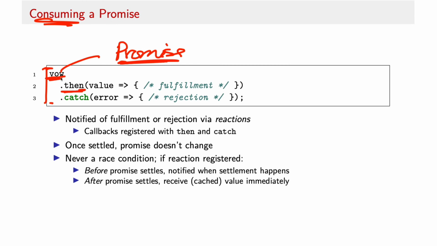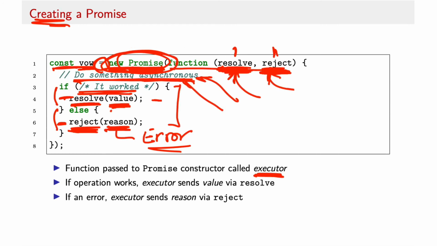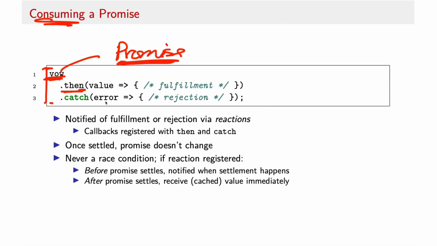If behind the scenes your promisification code calls resolve, the happy case, what happens is the then method will invoke this function. So this is your code that's going to be run in response to the successful completion of an asynchronous operation.